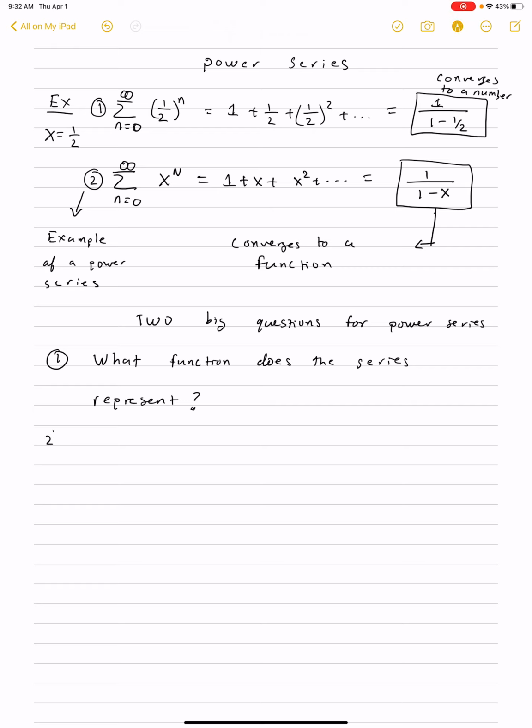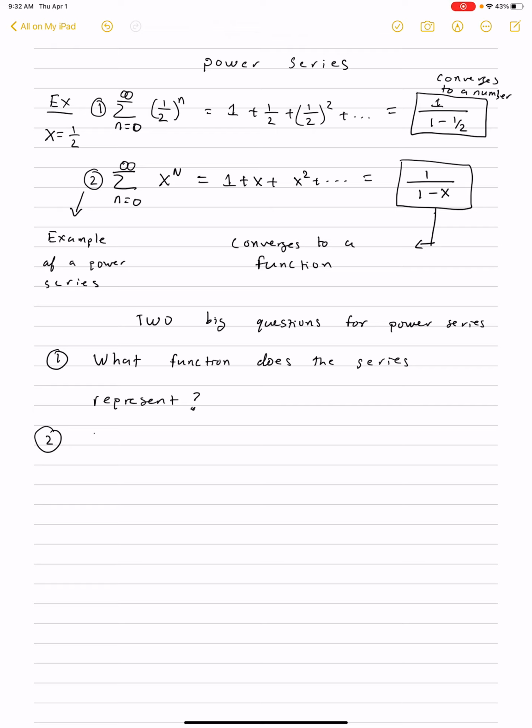The other question is that if you plug in any old value of x, like x equals 2, this series doesn't converge. It'll be equal to infinity. So, because this is a geometric series, it only represents the function 1 over 1 minus x when the absolute value of x is less than 1.